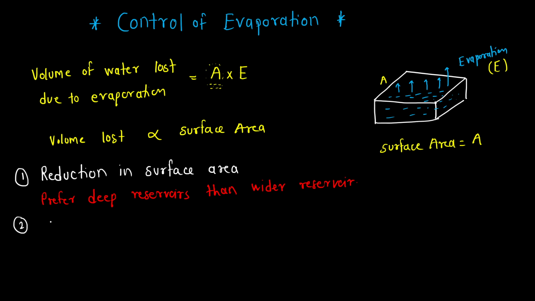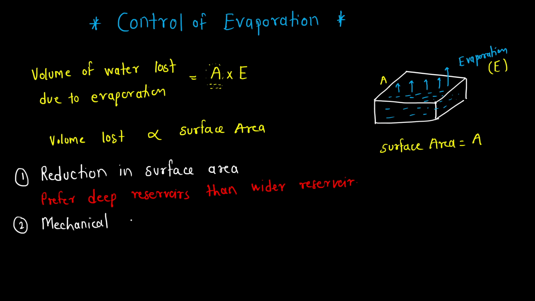Now the second one is also related to the reduction in surface area. Instead of constructing deep reservoirs, we can manually cover the surface of the reservoir. Let's say that we are doing some construction and making some shades above this. So what will happen? The surface area of water from which evaporation occurs will get reduced. So this can be done by the second method, which is called mechanical covers.